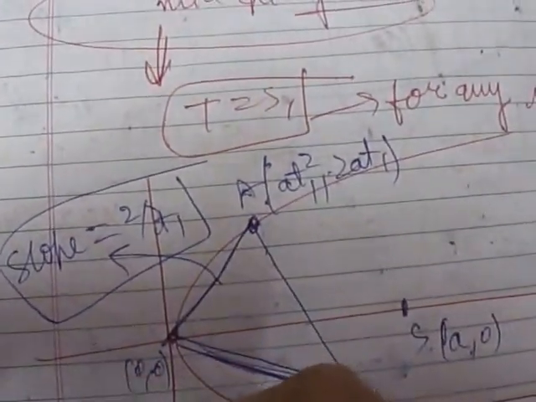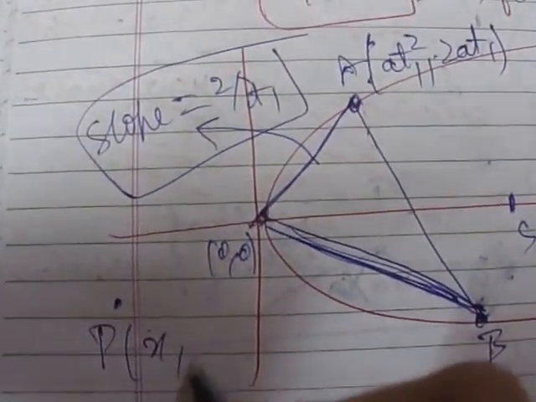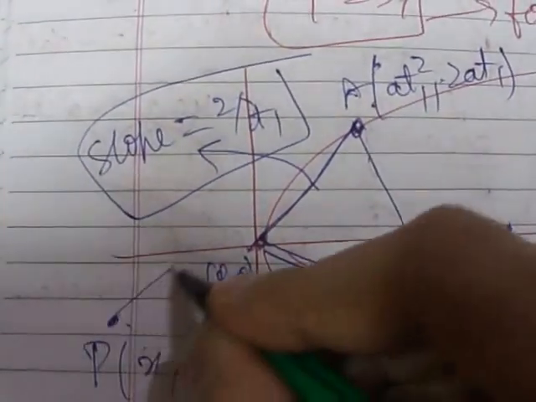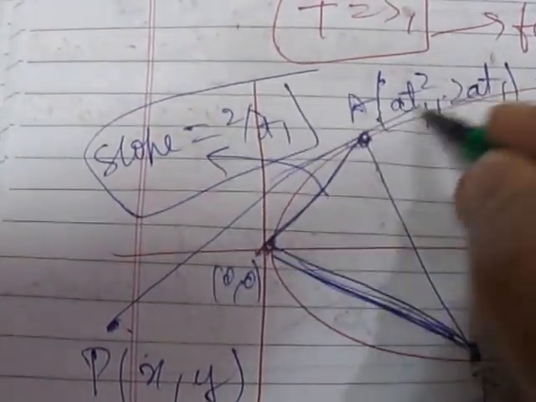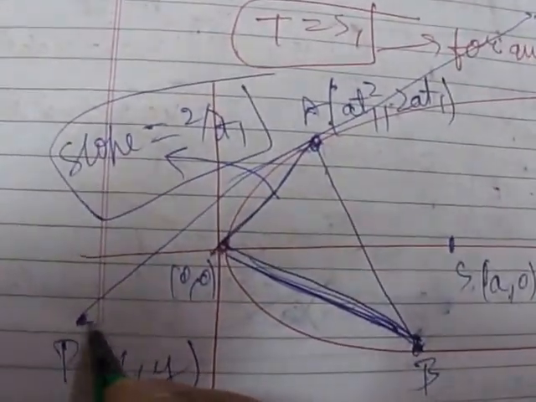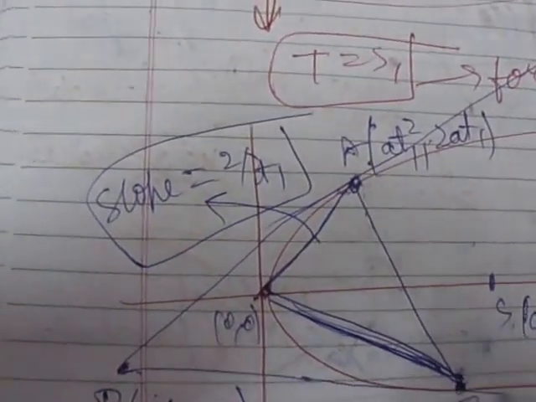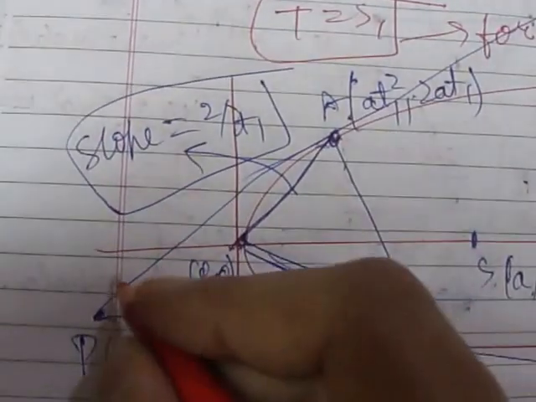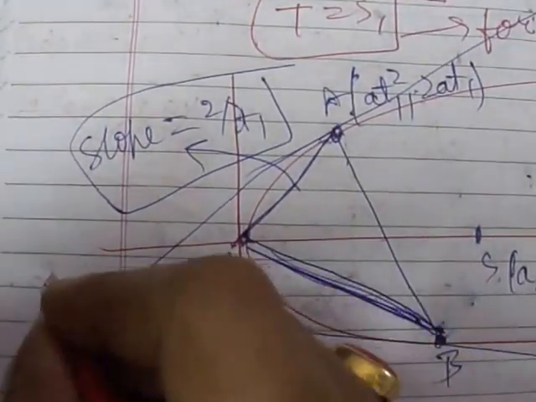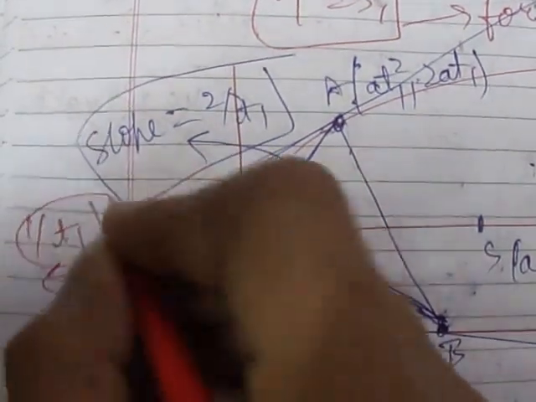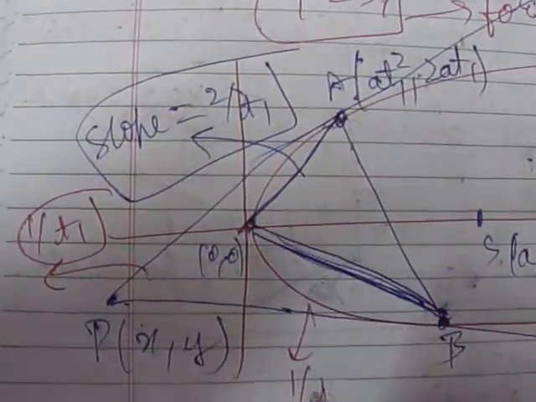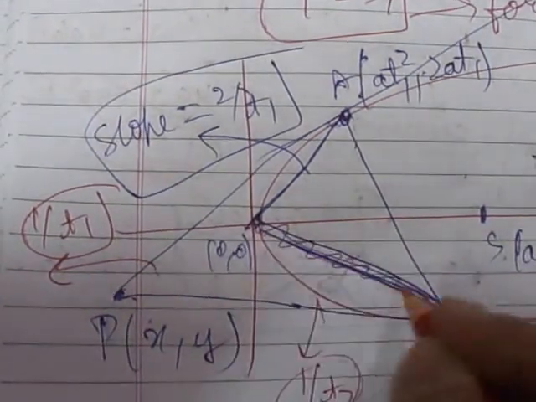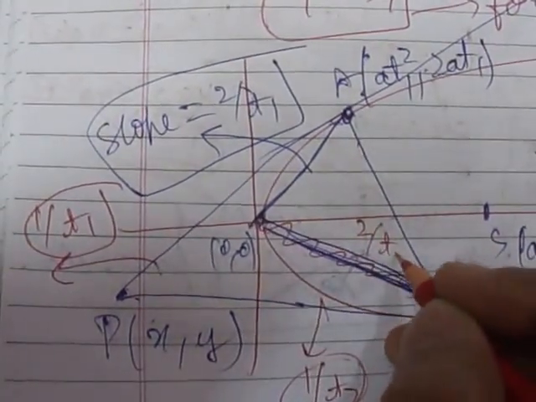Similarly the slope of the other line is 1 by t1, 1 by t2, and for the one I'm shading with red, 2 by t2.